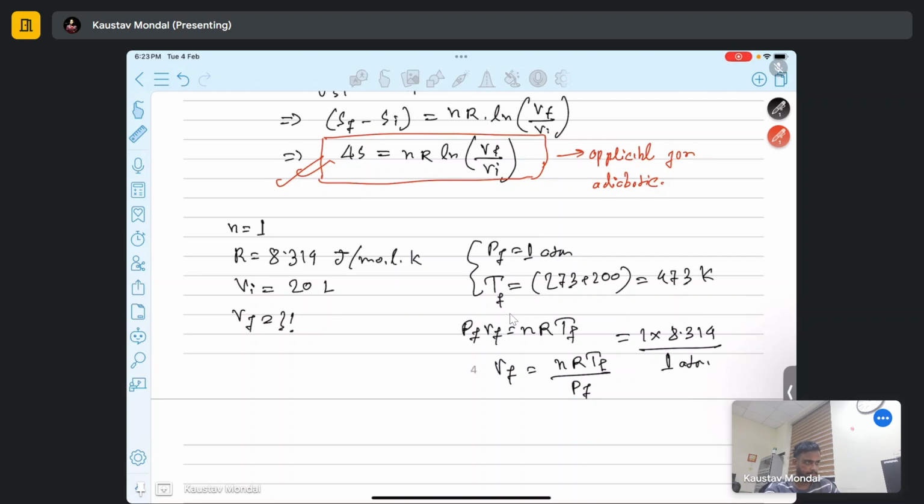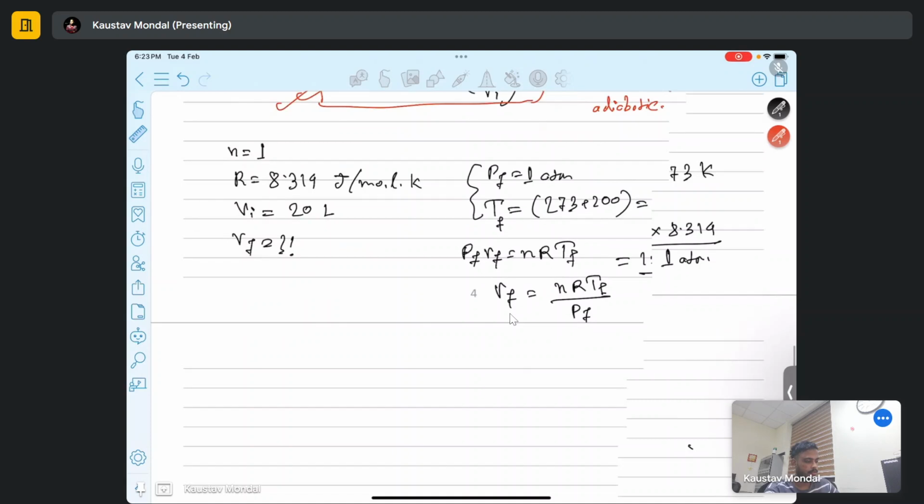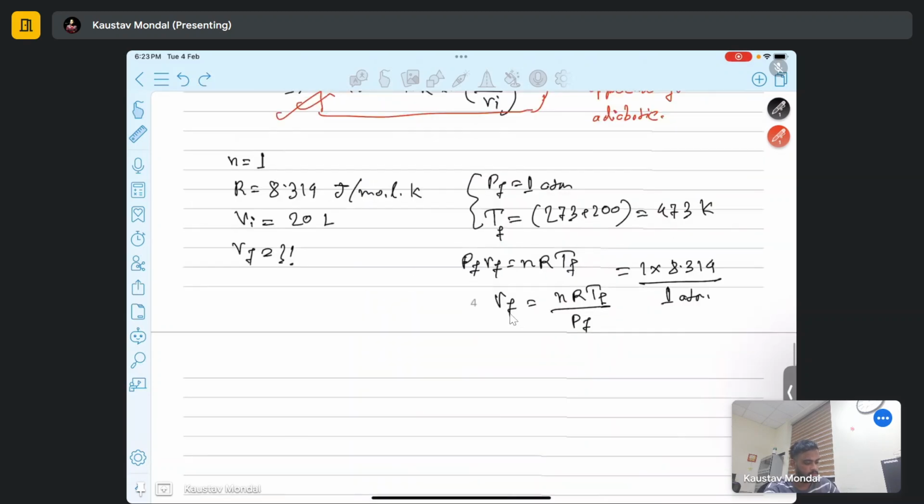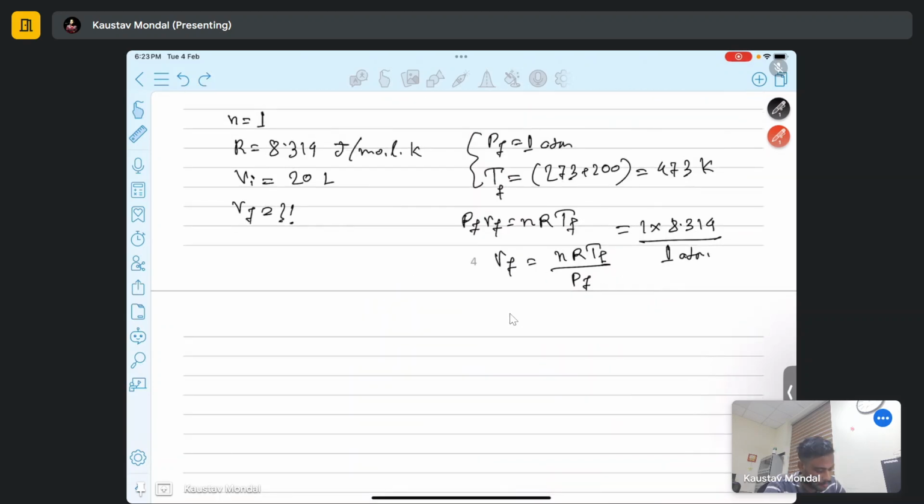So that's it. This will basically give us the volume. So Vf will be nR Tf, where Tf will be this 473, and all of these things are there.